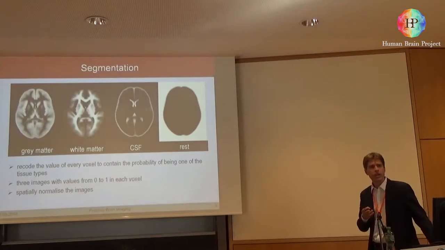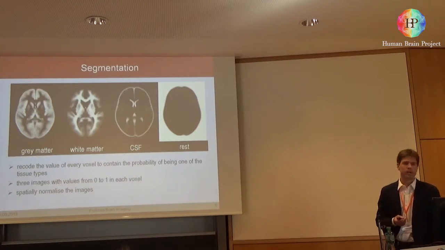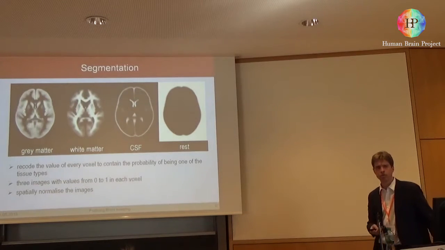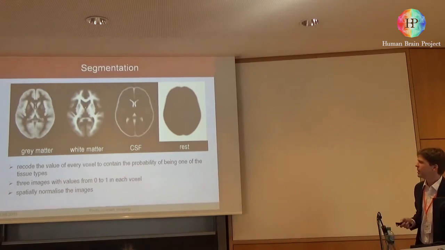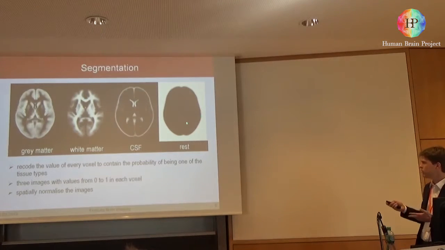So those of you familiar with basic processing of MRI scans may know this method called voxel-based morphometry, which was introduced by John Ashburner now 15 years ago. The idea is basically you take a routine brain scan and separate it into its tissue types: grey matter, white matter, CSF, and background.